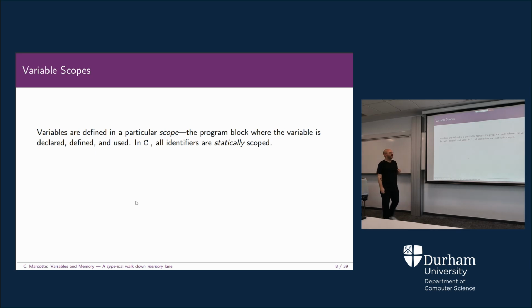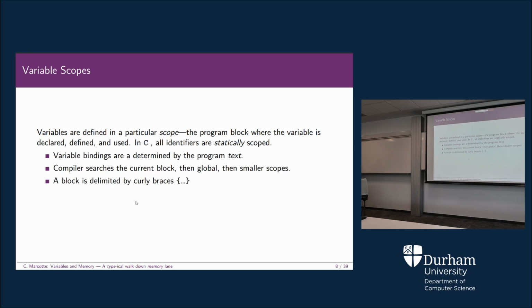This brings us to variable scopes. Variables are always defined in a particular scope. This is the program block where the variable is declared, defined, and used. In C, all identifiers are statically scoped. We'll get to what that means in a second. So variable bindings are determined by the program text.